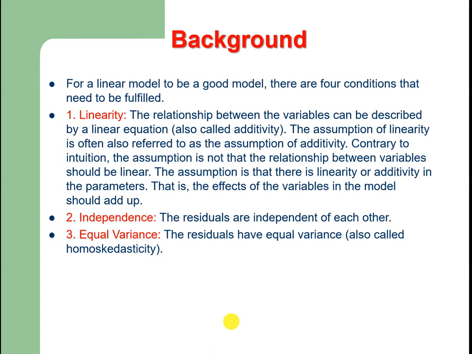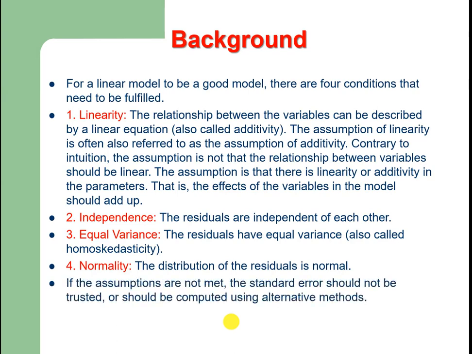This assumption is also known as the assumption of homoscedasticity. One of the most important assumptions is that of normality, and it implies that the distribution of the residuals follows a normal distribution. That is, the distribution of the residuals is normal.